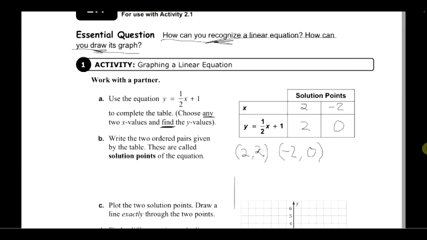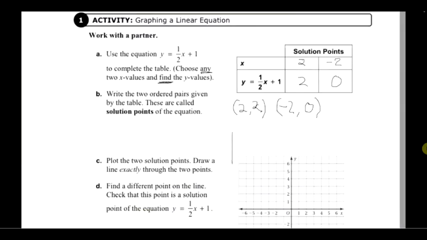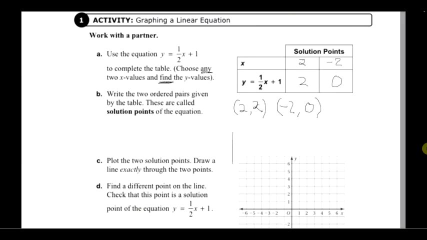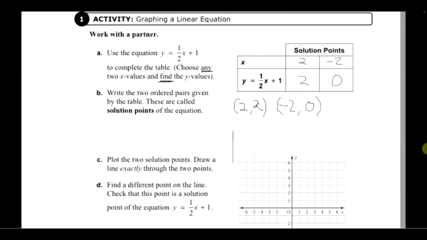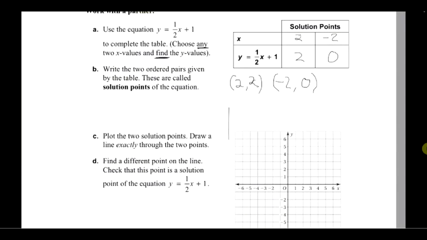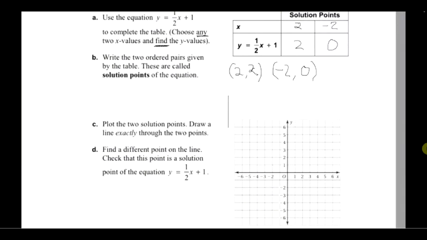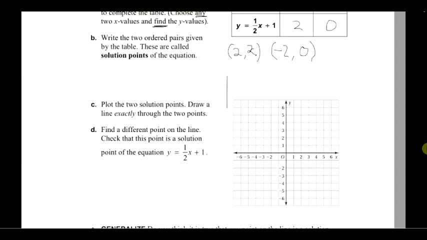Let's now plot the two points, drawing a line exactly through the two points. We have this nice handy graph here, and it would like us to plot these two points. That's easy. Let's go over 2, up 2 for our first point, and for our second point, let's go over -2 and up 0.